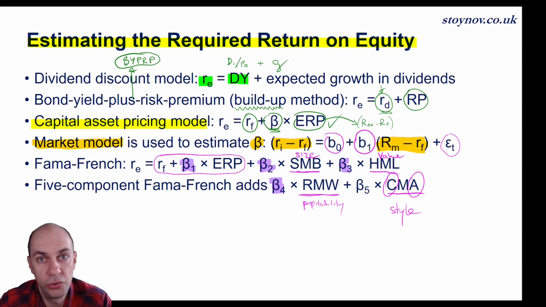So I'm one of those high profitability, stable profitability type of companies. And then a positive beta in front of CMA means that I'm a careful investor, conservative builder of long-term wealth, rather than someone who is going for those very high-risk, aggressive investment projects.